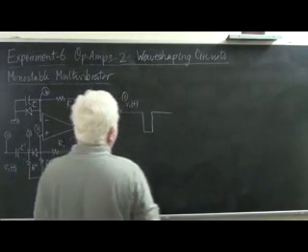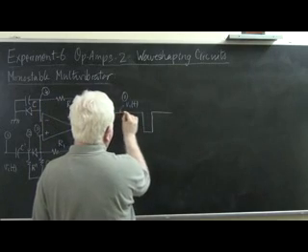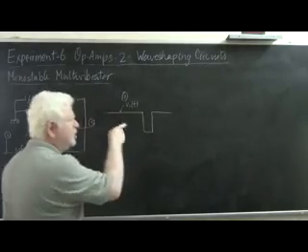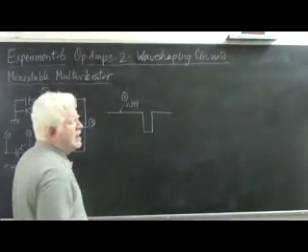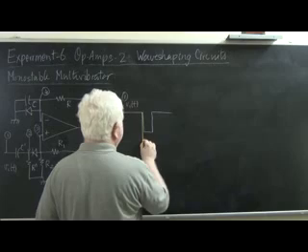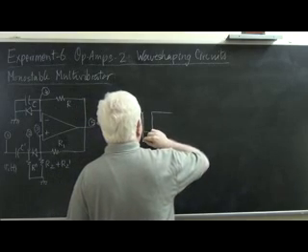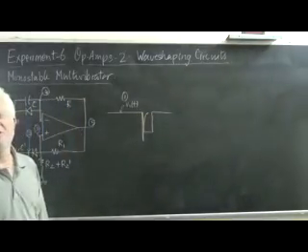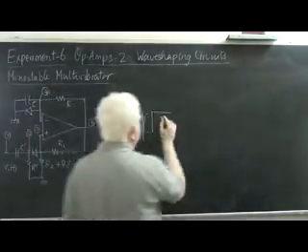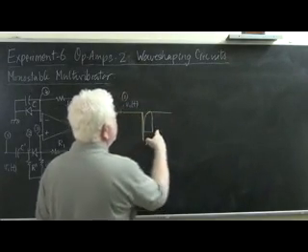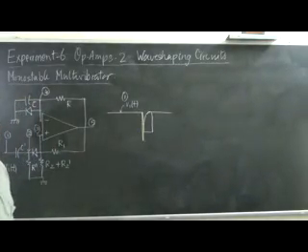Now waveform number 2 will be this, constant because the input is constant, in fact 0 because the input is constant, and at this point gives a spike which very quickly tries to return to normal and remains normal until this point where the positive going transition occurs.